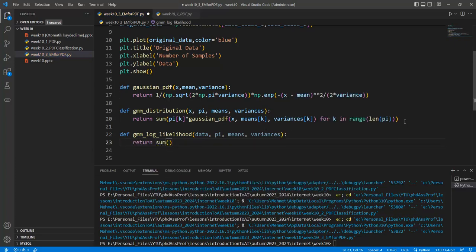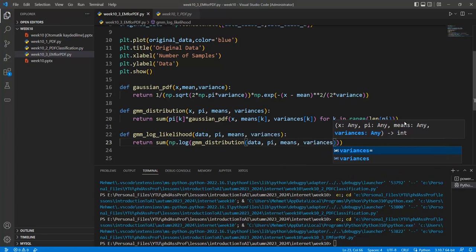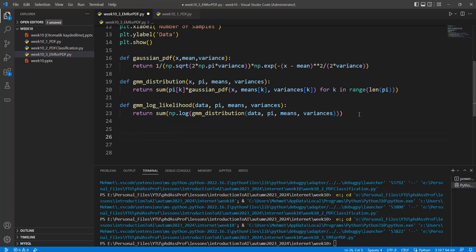The sum np log value in here, GMM distribution with the parameters of what? Data, pi, means, and variance, right? This is simple. This whole needs what I want in here, right? Okay. So, how can we build the expectation maximization algorithms?